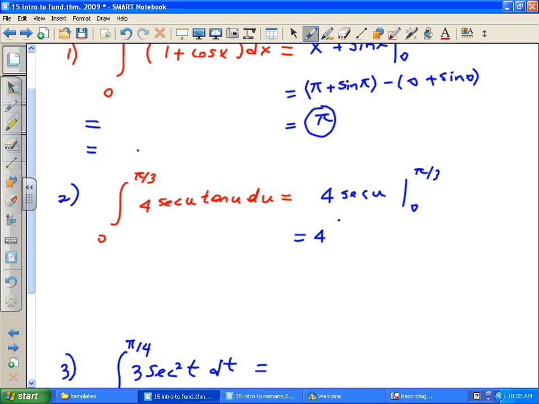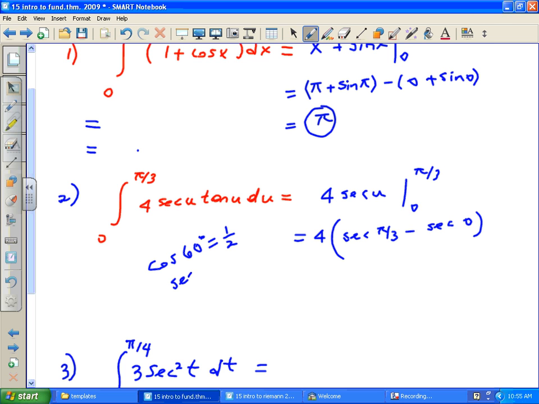Now, when you have a constant, you can factor it outside if you like. And you can write it like this. 4 times secant of pi over 3 minus secant of 0. Now, pi over 3 is 60 degrees. What is cosine of 60 degrees, first of all? Cosine 60 is the same as sine 30, which is 1/2.